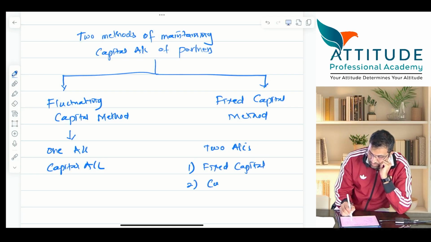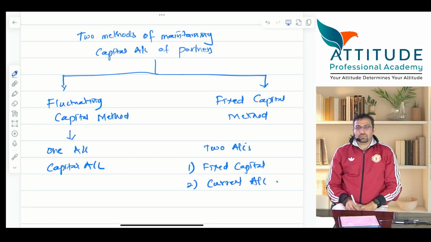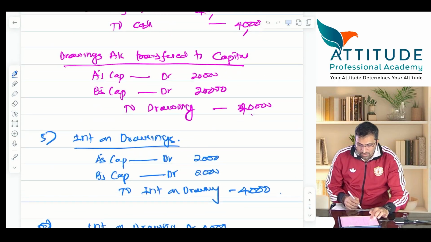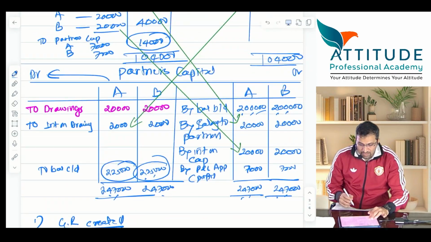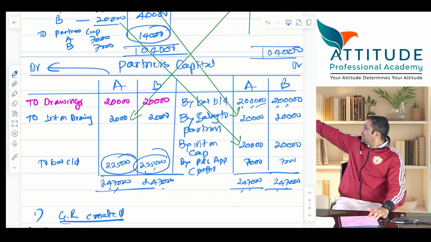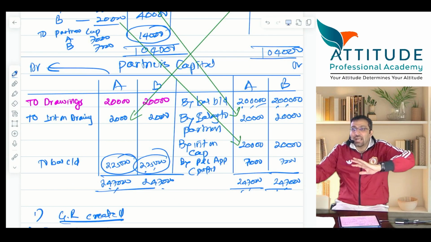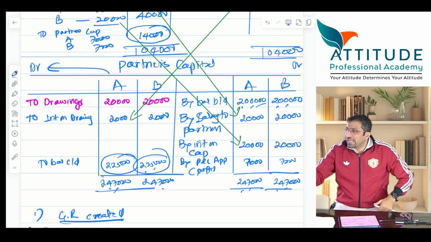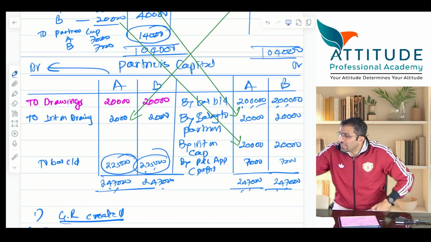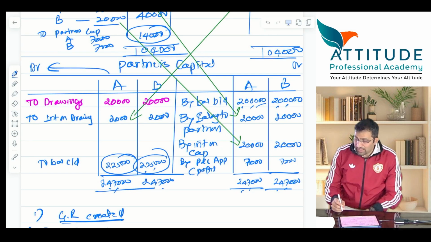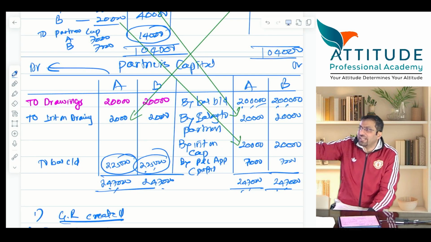Another is current account. ओके, मैंने जो इधर किया है, ये देखो, ये फ्लक्चुएटिंग कैपिटल है. मीन्स कैपिटल from 2 lakhs is shown as 2,25,000. कैपिटल फ्लक्चुएट हो रहा है. In fluctuating capital method you prepare only one account, that is capital account. ये फ्लक्चुएटिंग कैपिटल मेथड है. Is that clear?